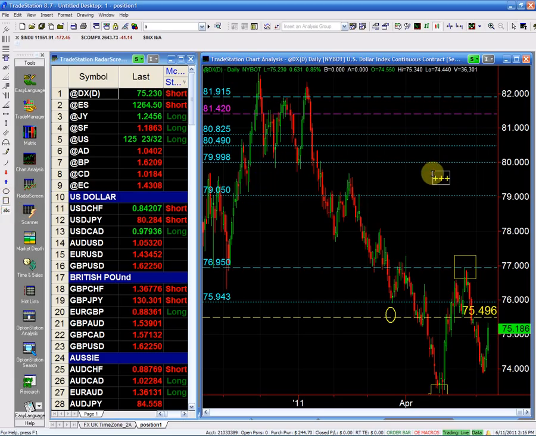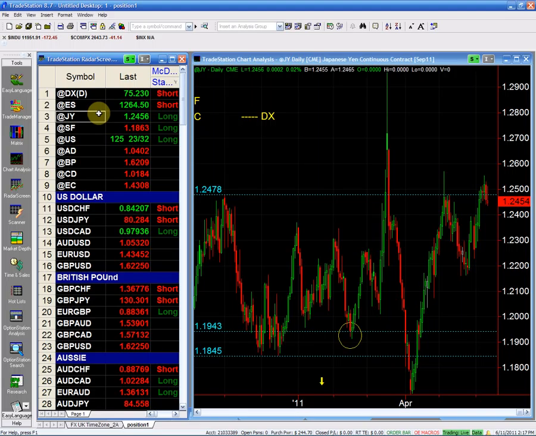The second currency that I'm going to look at, I'm just going to take them in order, is the yen. The yen is quite interesting because it is still strong.